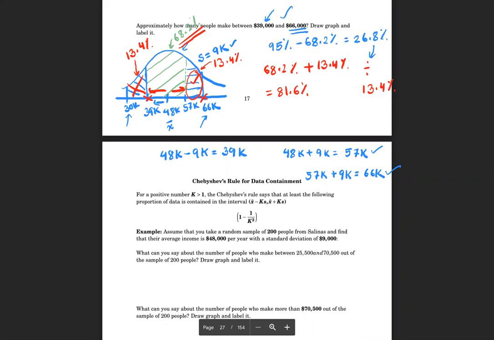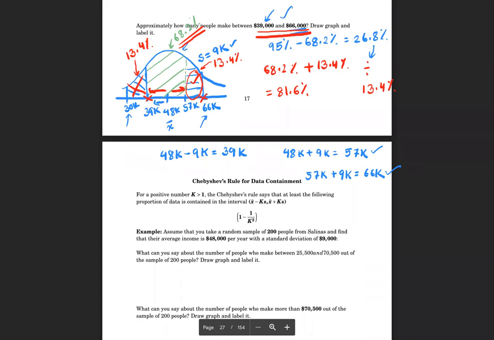So approximately 81.6% of the people in the sample make between 39,000 and 66,000. Okay, so that's what it is.